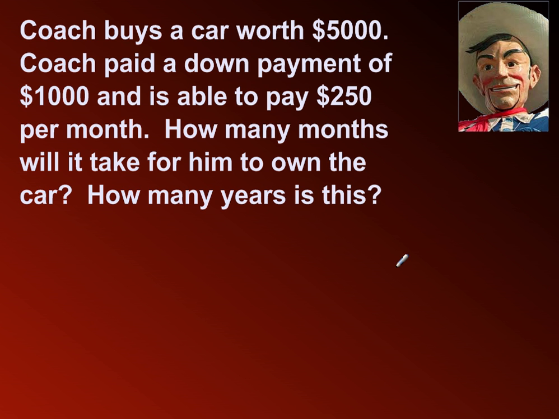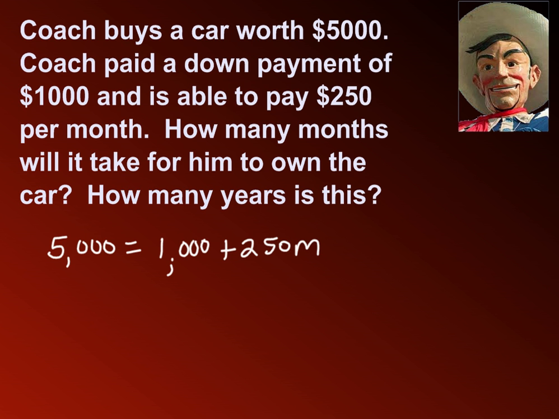How many years is this? So Coach buys a car worth $5,000. So let's write down $5,000. And a down payment is like the amount I paid right off the bat. So I paid $1,000 right off the bat. And I was also able to pay an extra $250 per month.